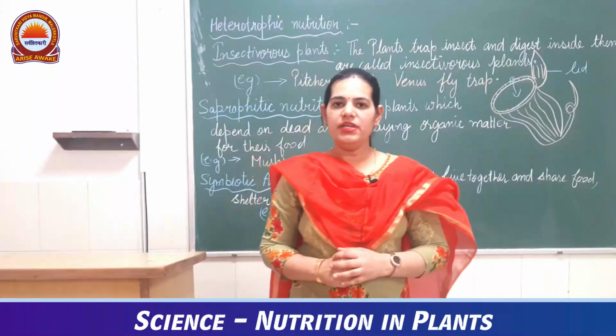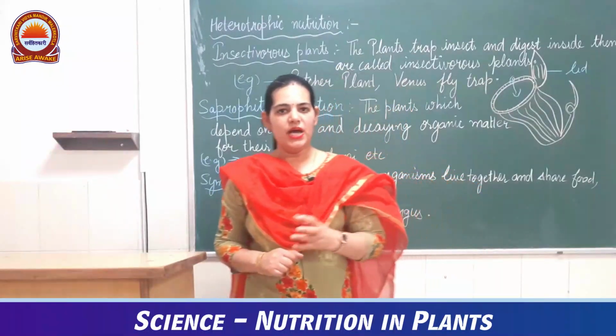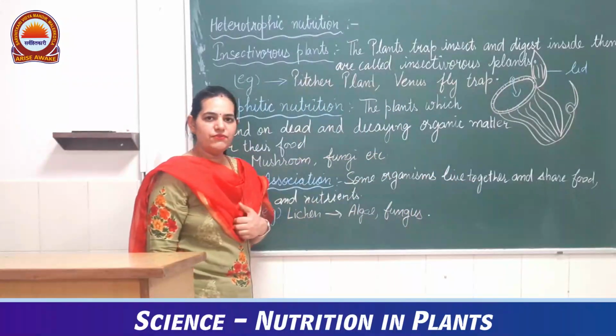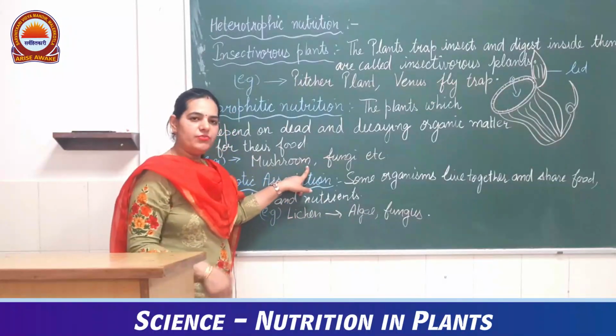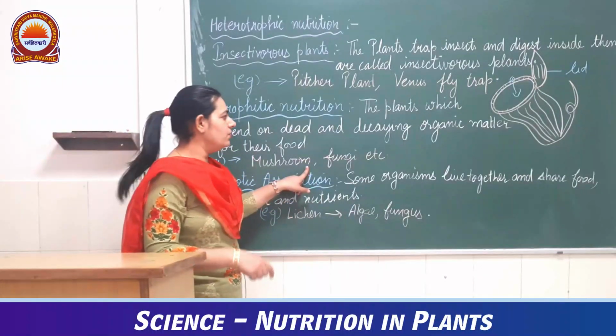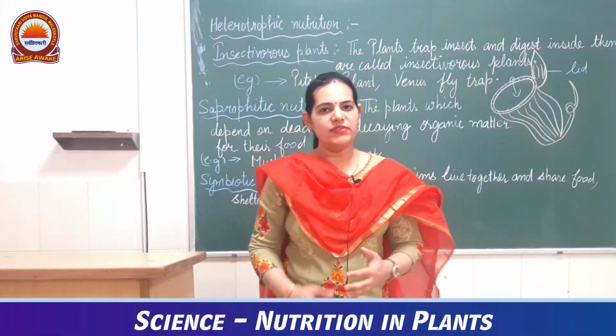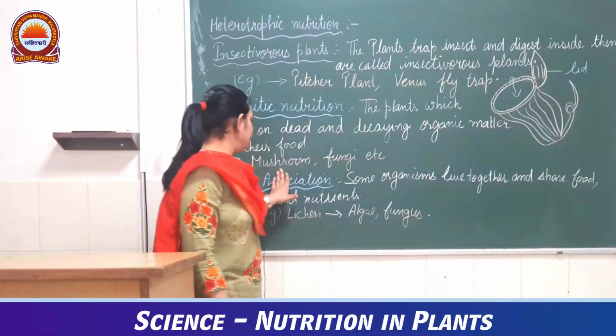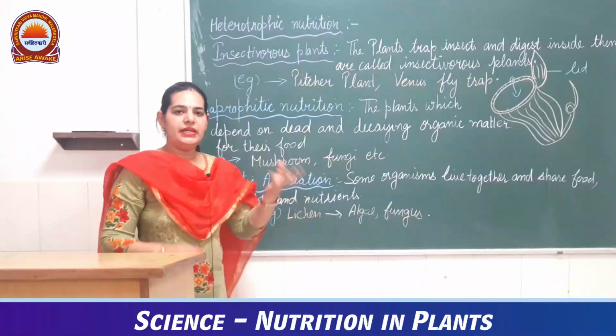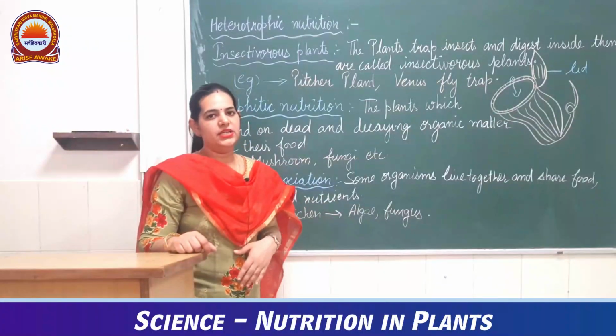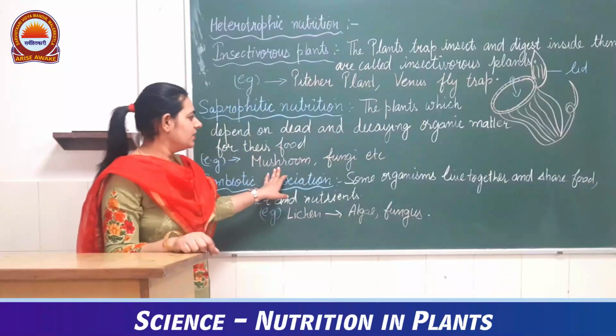These are non-green umbrella-like plants which we use as food. Actually, they do not perform photosynthesis. They grow on dead and decaying matter, the remains of plants and animals, and take their food from those remaining parts and grow.